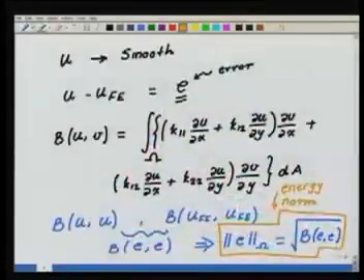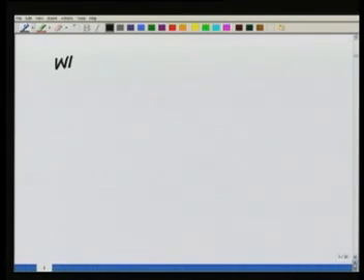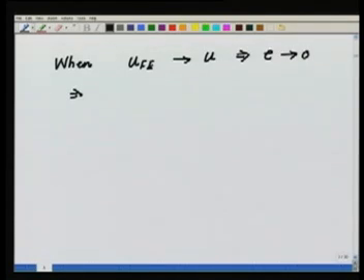If u finite element tends to u, this implies the error tends to 0, which implies the energy norm of the error should tend to 0.